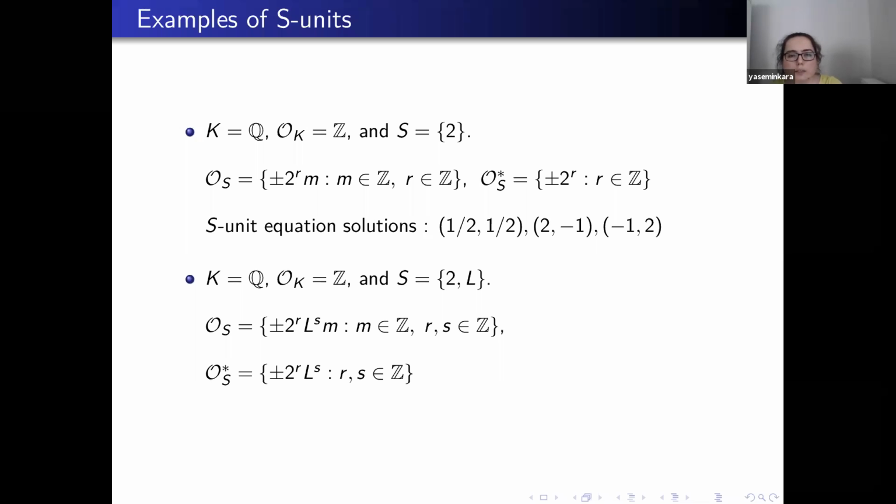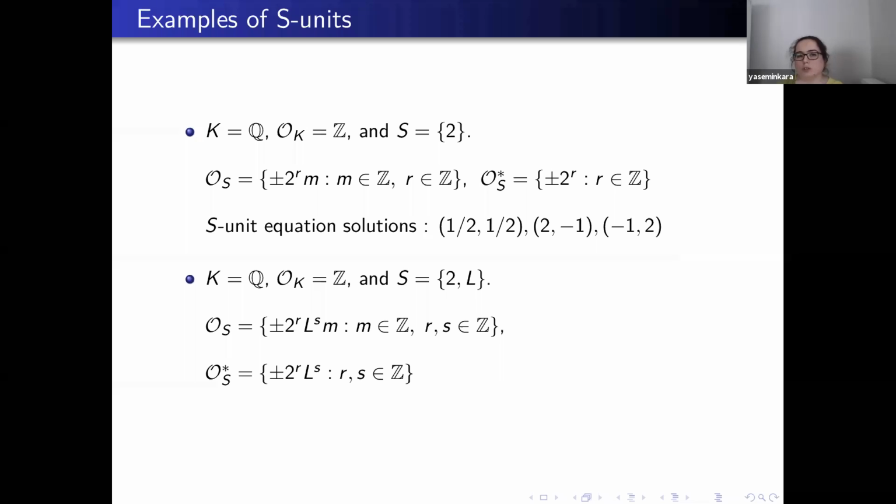Then in this case, you can actually see that the S-integers are of the form plus or minus 2 to the power m, where m and r are integers, and S-units are just of the form plus or minus 2 to the r.